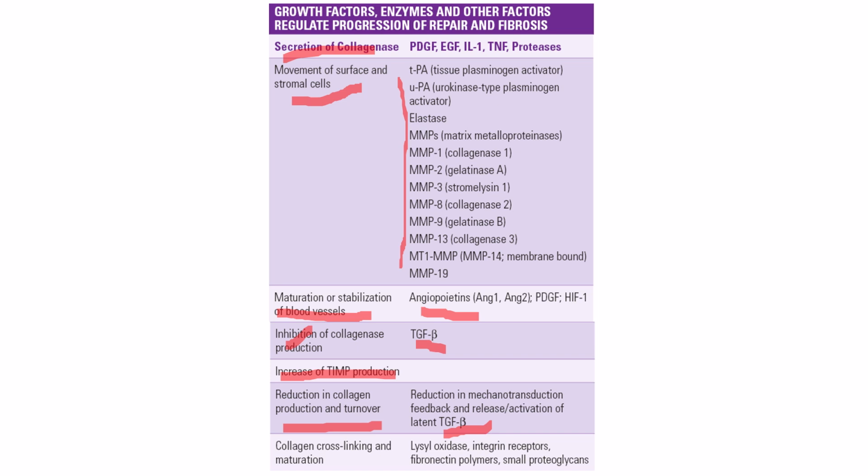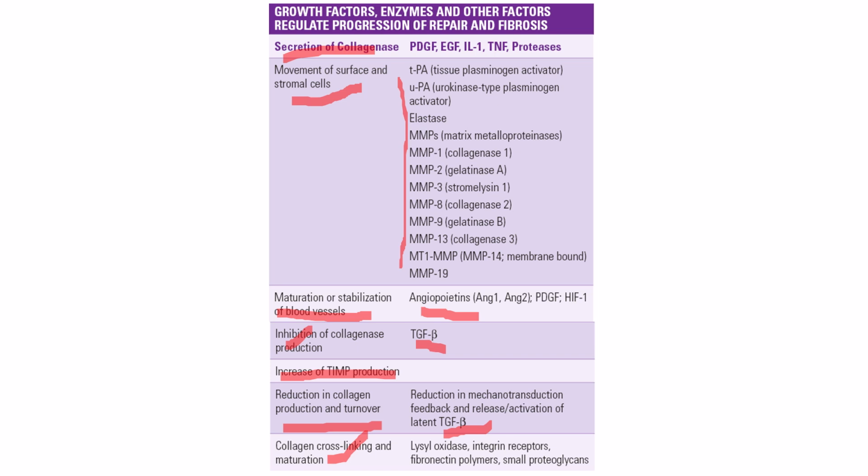Collagen cross-linking and maturation is done by lysyl oxidase, integrin receptor, fibronectin polymers, small proteoglycan, and this strengthens and matures the extracellular matrix by cross-linking collagen and organizing matrix component.